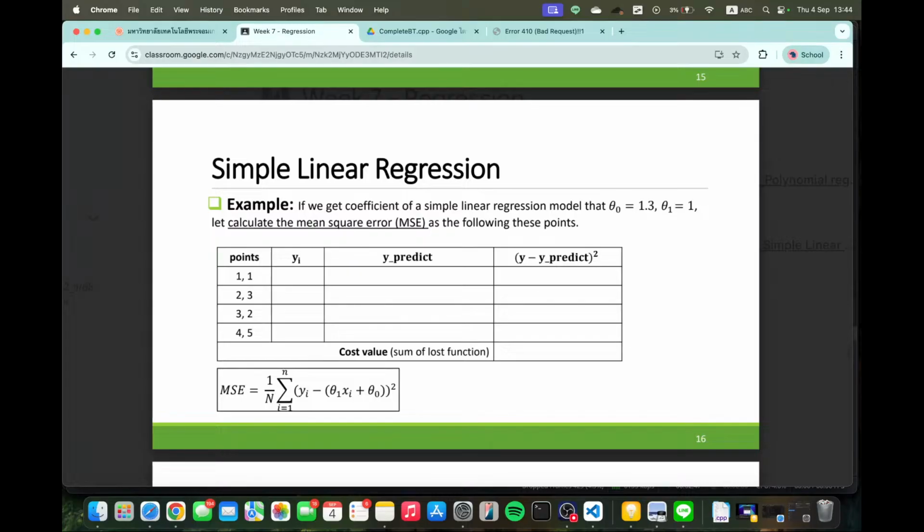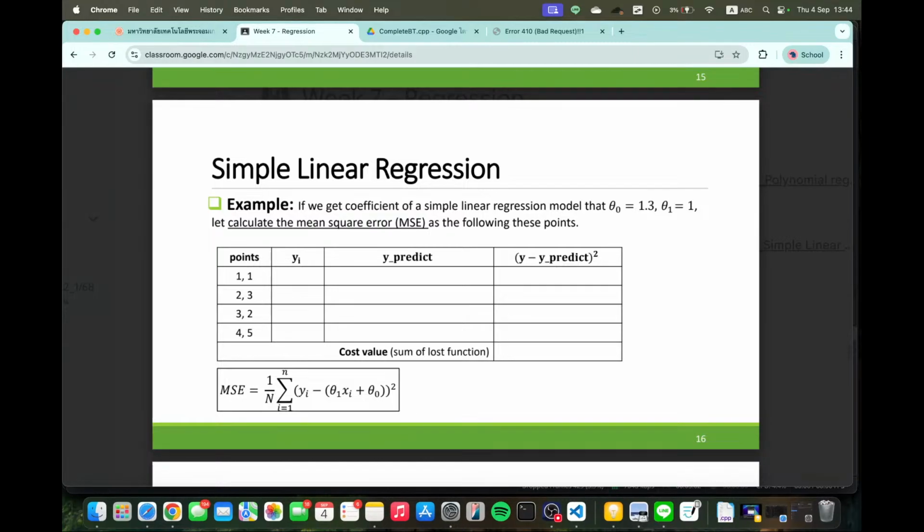What happens if x is equal to the next one? What happens? Right? How about the next one?